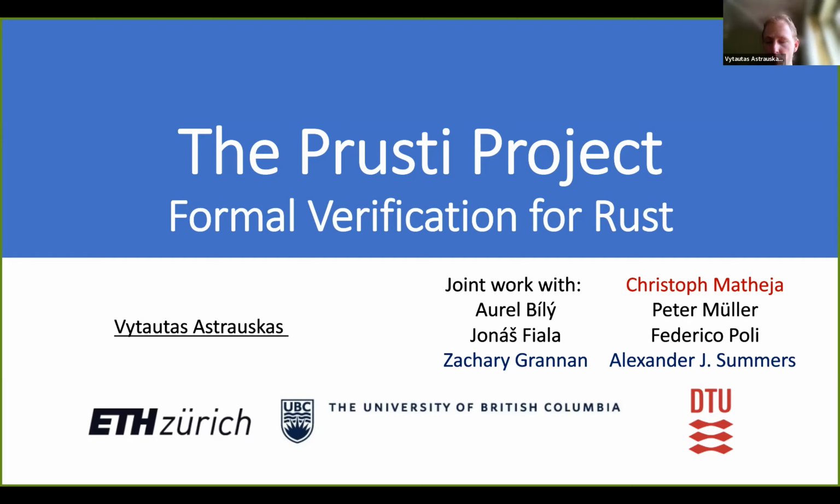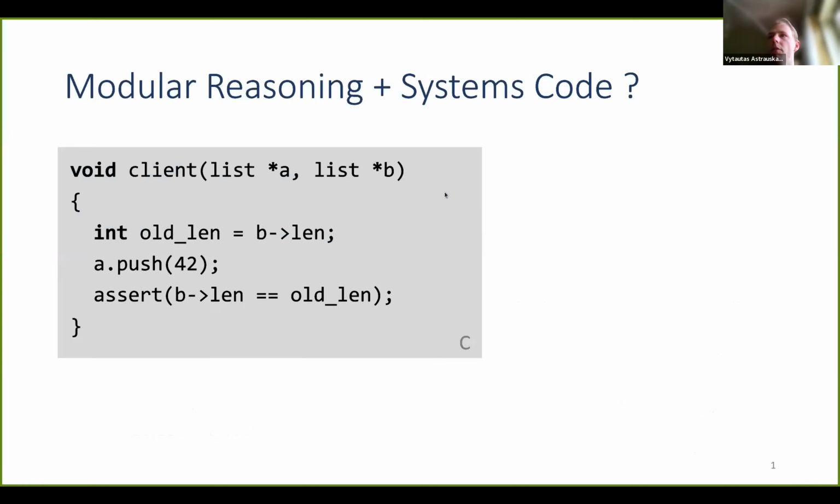Yeah, so to motivate the Prusti project, I would like to start with a C example. So here we have an example of a C client that takes two pointers to a list, pointer A and pointer B. It modifies the list A by pushing 42 at the end of it, and then asserts that the list B didn't change.